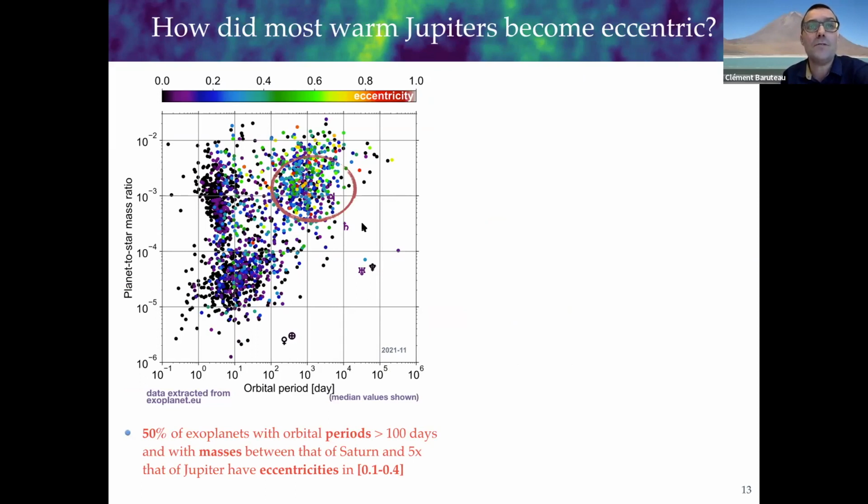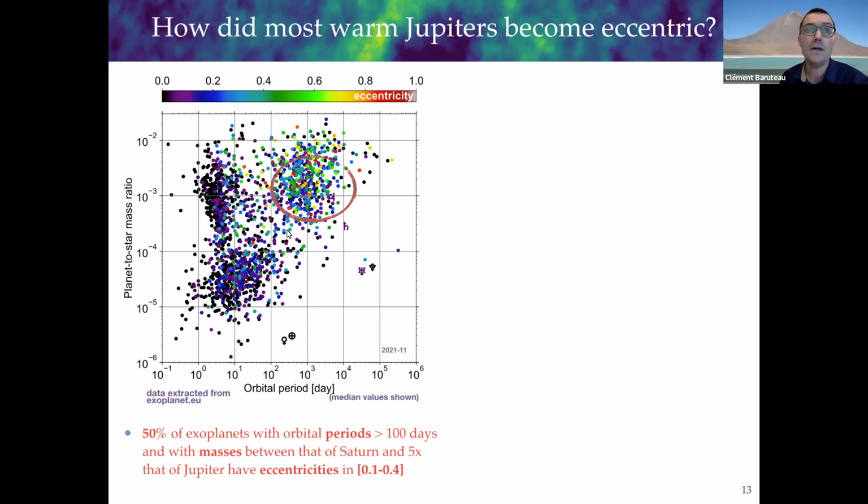We're just showing median values here, and the eccentricity is shown in color. So basically, these are planets, typically in the Jupiter mass range, which orbit their star in more than 100 days, and for which the median eccentricity is about 0.25 to 0.3.